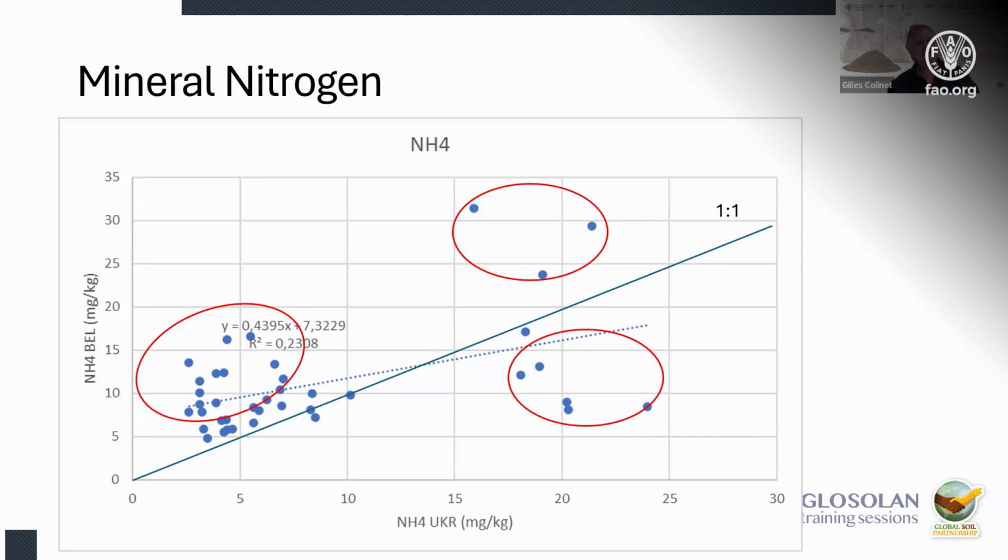So that's one, and then there is another period which is at the end of the winter and beginning of the spring, because that's the amount of nitrogen that is still in the soil, and it will orient the fertilization.